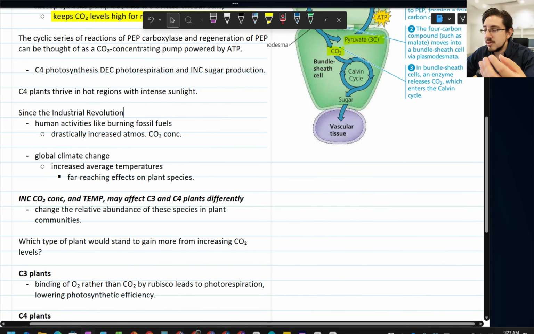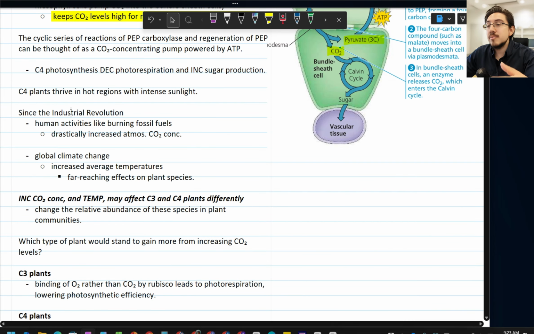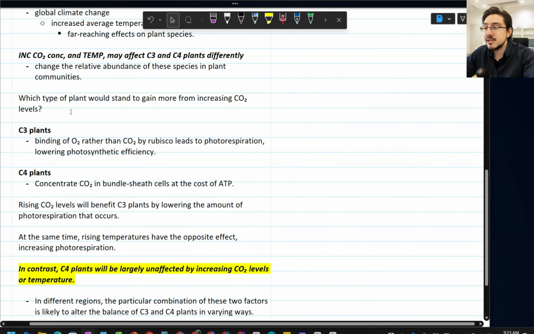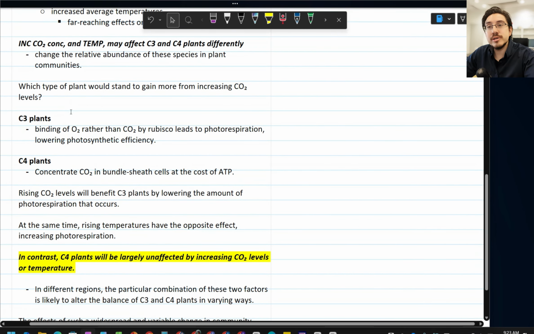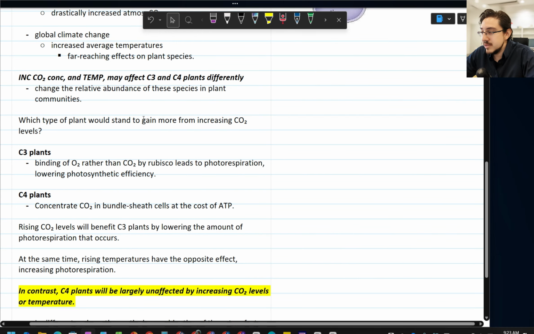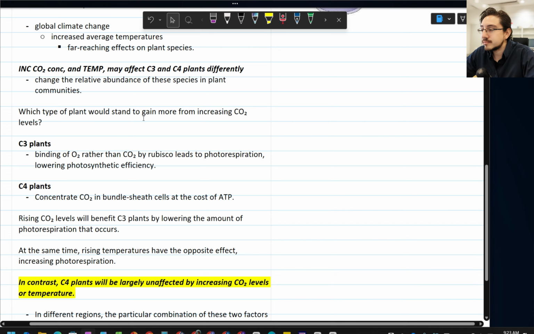There's been an increase in carbon dioxide concentration and temperature. And depending on the plant type, these situations are being affected differently from the environment. So there could be a change in relative abundance of the plant species just because of climate change and an increase in carbon dioxide levels.